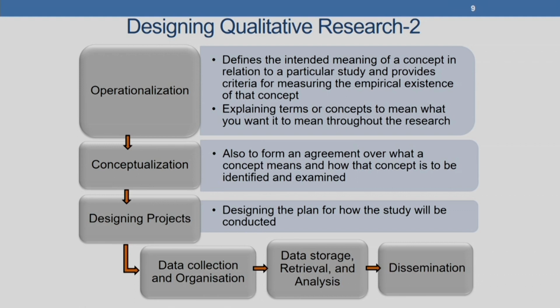In our case, we are looking at tea garden communities, and it can provide criteria for measuring the empirical existence of that concept. So basically, we can look at various empirical studies which have measured stunting, wasting or underweight among children under 2 in the tea garden areas of Assam.